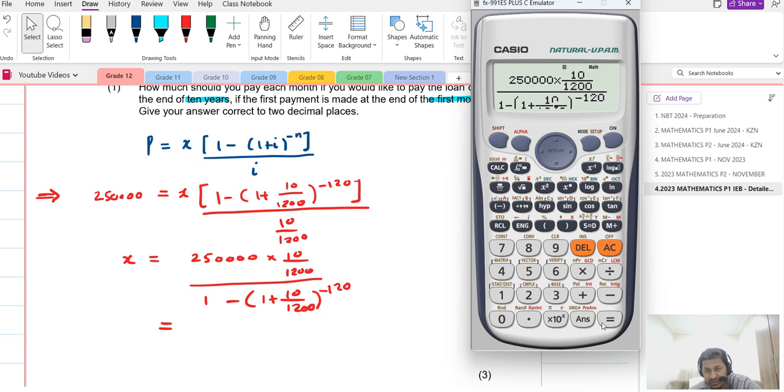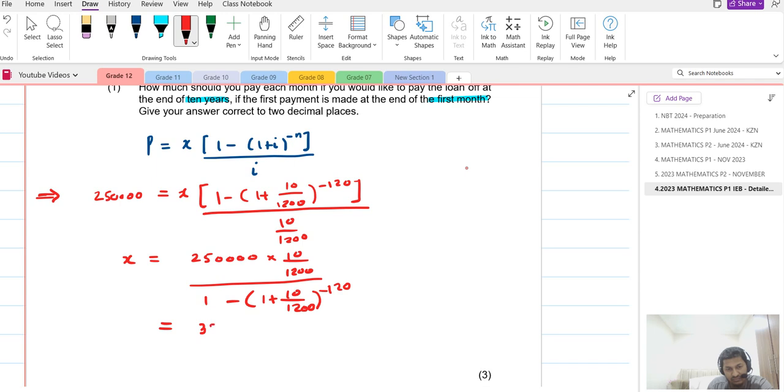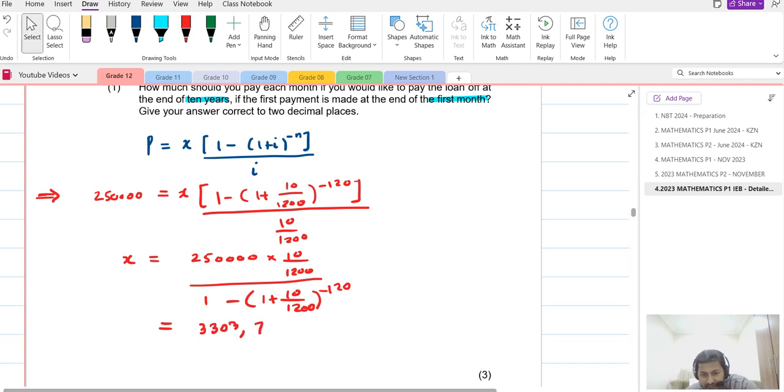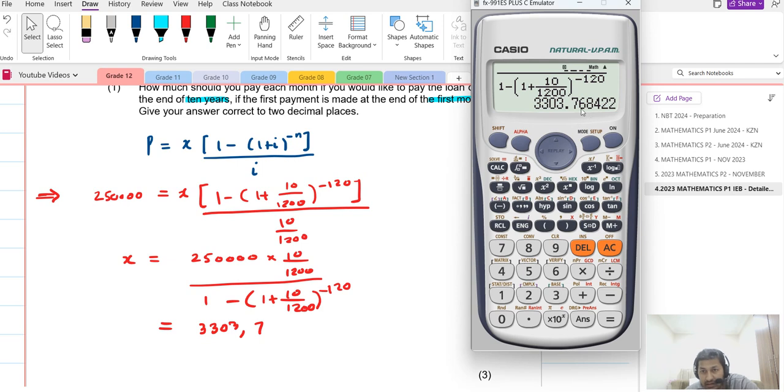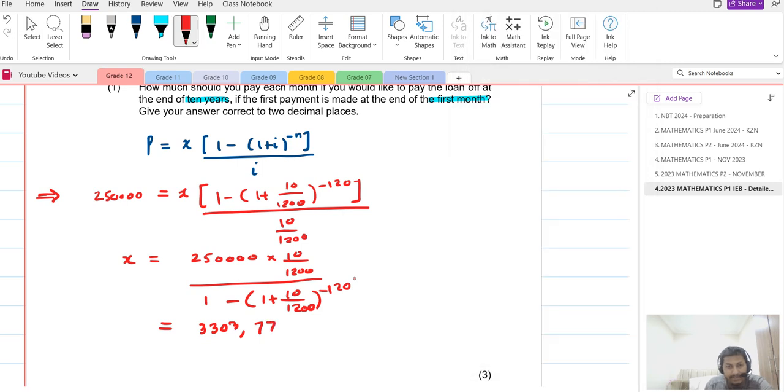So we get 3303.77. Give your answer correct to 2 decimal places. So right, we have the answer.